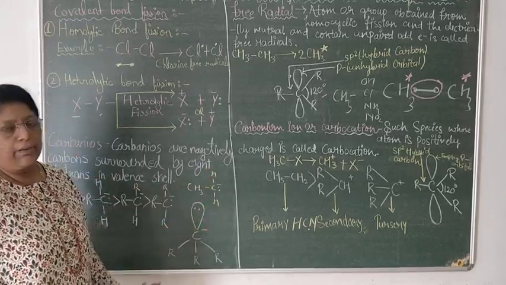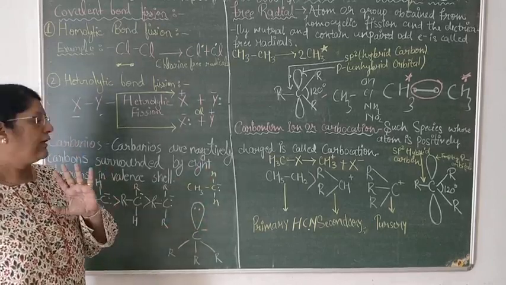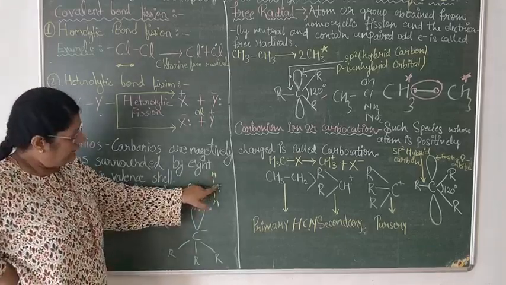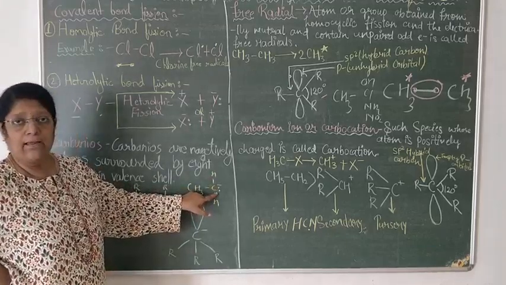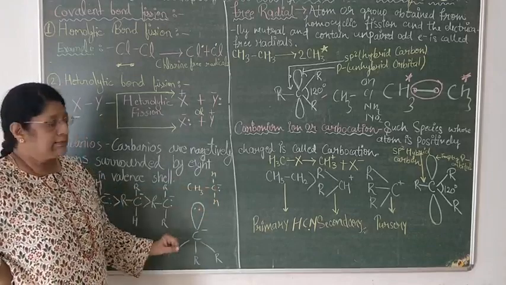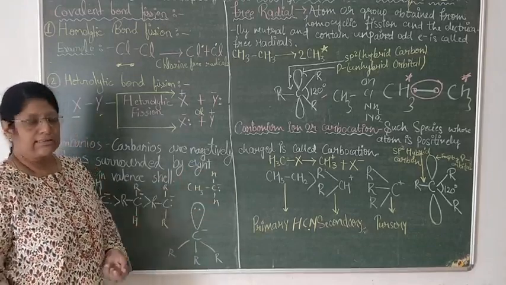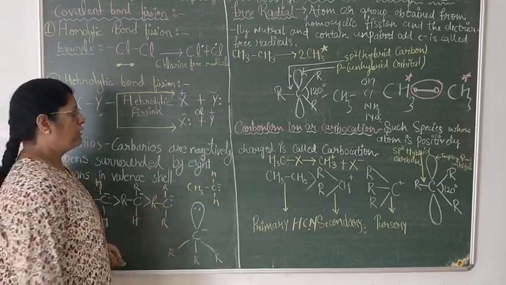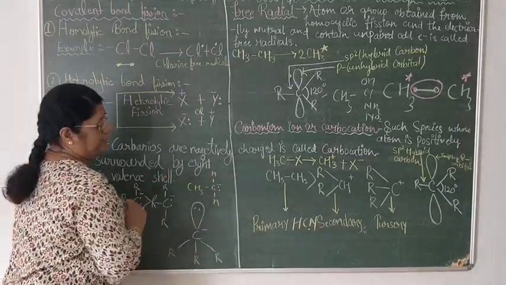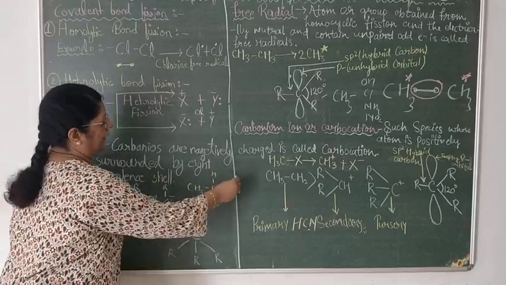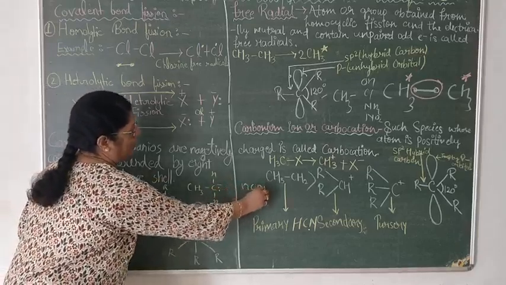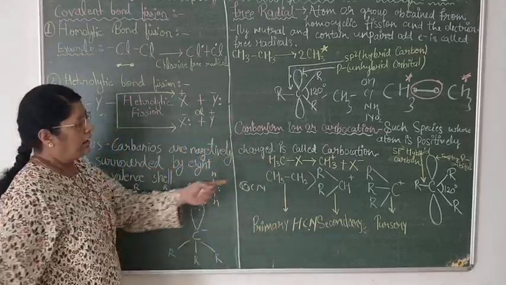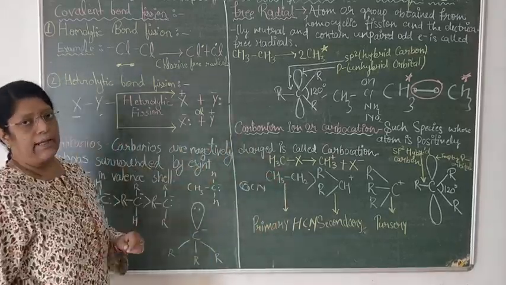That carbon in its outermost shell contains 4 electrons. 1, 2, 3 were there, and this pair is counting as 2, making 5. So one more electron is there, that's why one negative charge is there, and any positive charge will attach here now. Like if I want to attach HCN, then H will attach towards this carbon and CN will attach with that carbocation.